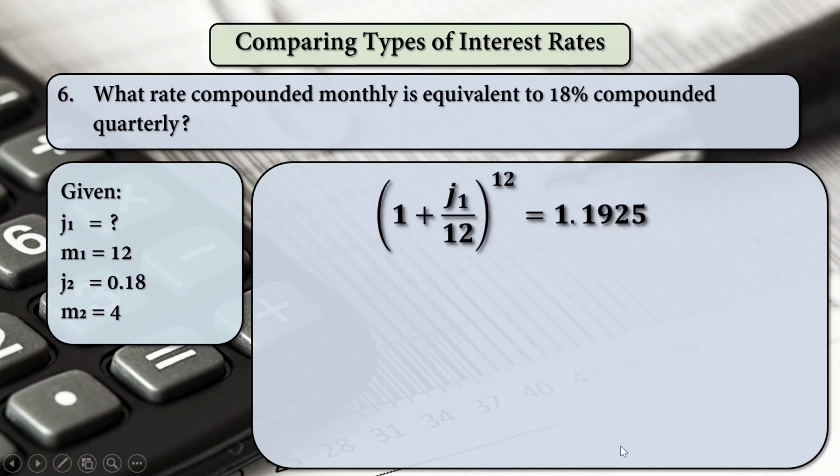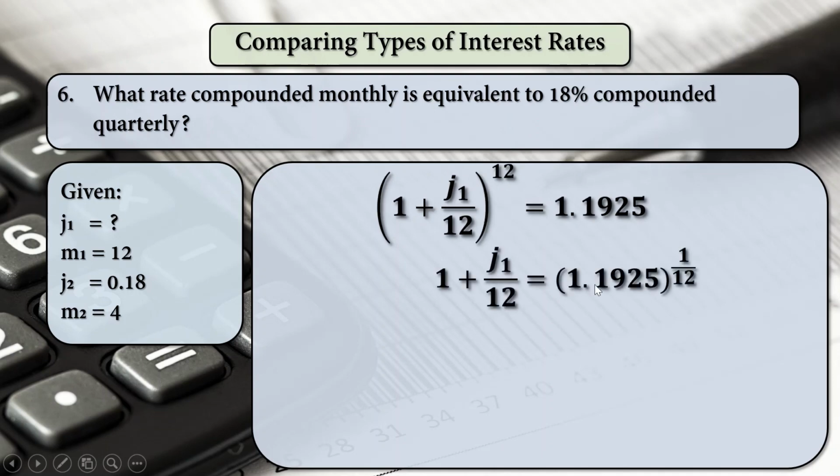And then transferring the exponent 12 from the side of the equation with the unknown, that will be 1.1925 raised to the exponent of 1 over 12. And then the result for that one will be 1.0148. While transferring 1 from left to right, that will be negative 1.